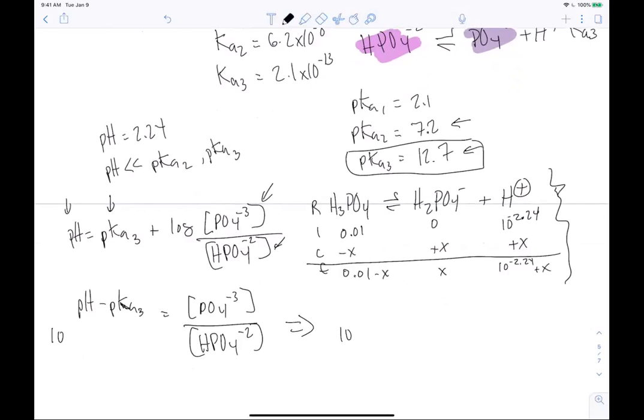So 10 to the pH minus the pKa, so 2.24 minus 12.7.